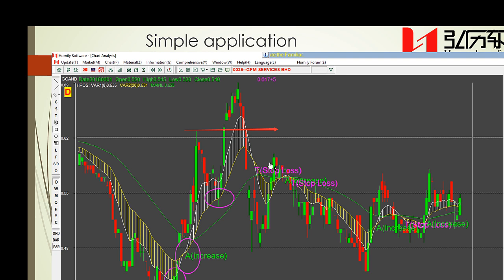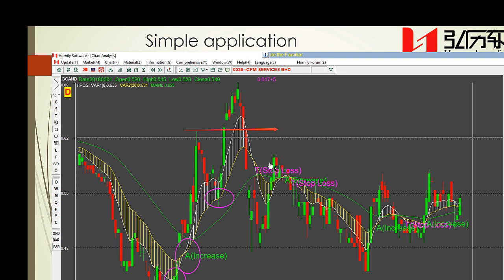So we should know the distance of dropping is from here to the white line. So we can calculate how much it will pull back. So here if it is 10%, we can avoid it.